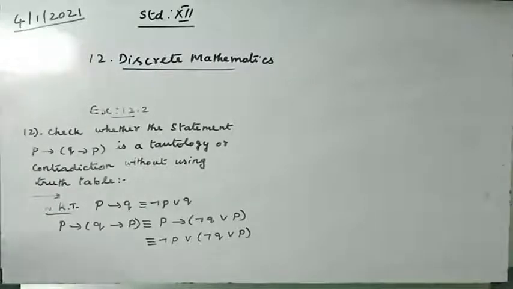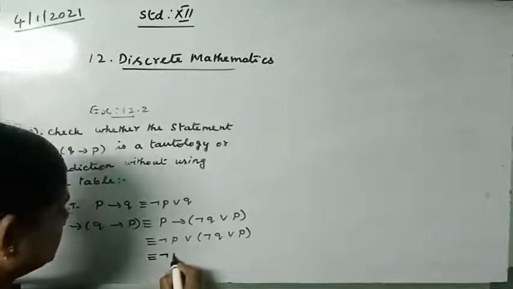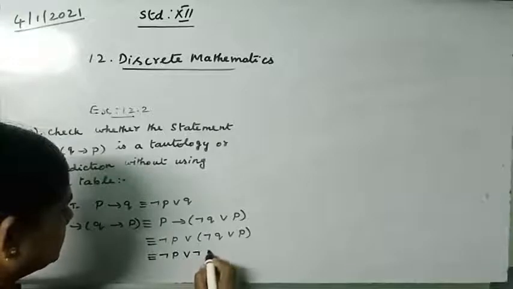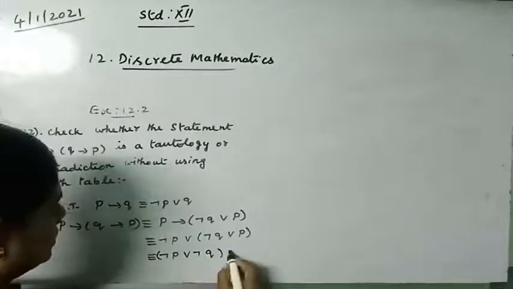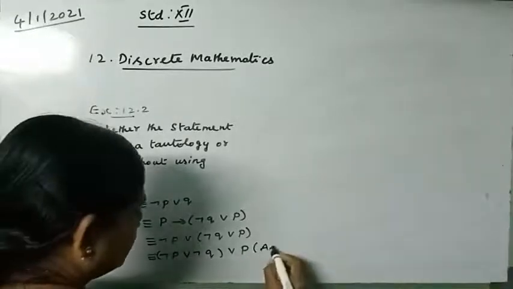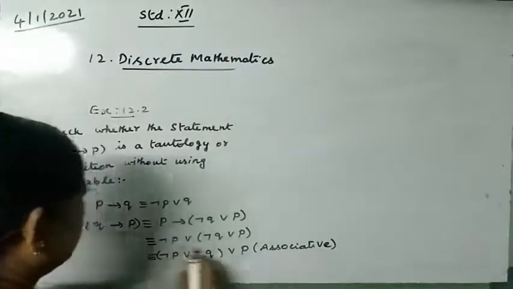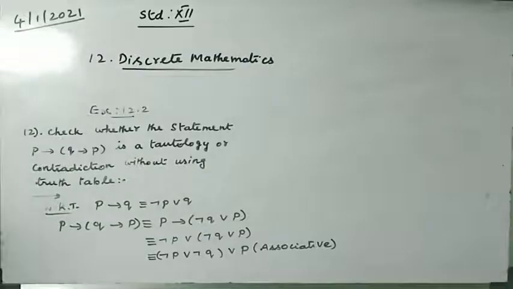Let us write the associative law. By using associative law, we can write this: negation of P or negation of Q or P. We can write it like this by using associative law. Using the associative law, we can rewrite it. And now let us use the distributive law or complement law.